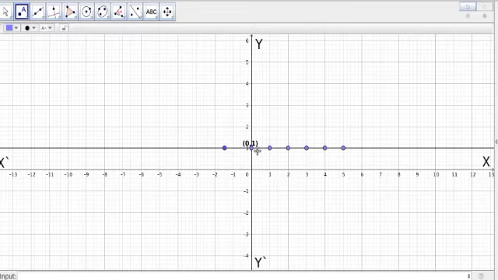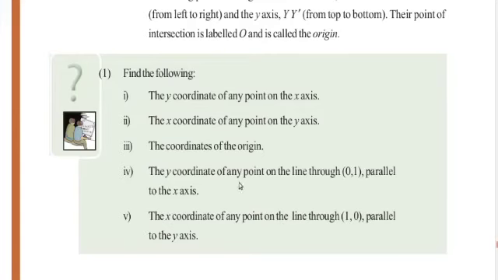That means for all the points on the line through 0, 1 parallel to the x-axis, the y coordinate is 1. So the y coordinate of any point on the line through 0, 1 parallel to the x-axis is 1.